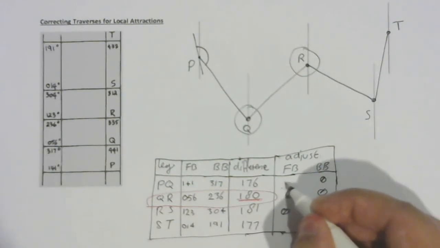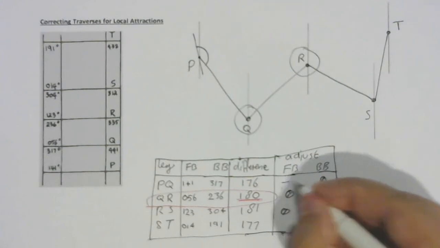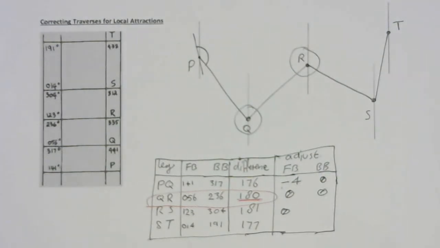So we need to take 4 from that forward bearing. Now over here, we know that the forward bearing has to be correct, so we just need to correct the back bearing. To do that, we take 1 from the back bearing to make this 303, and it makes this difference 180.